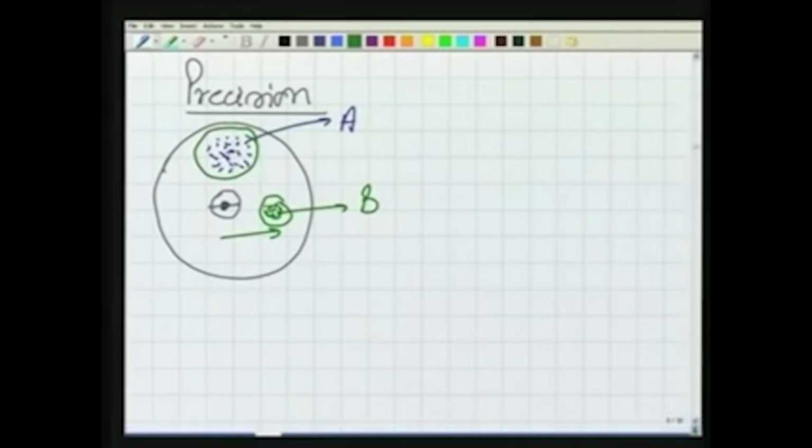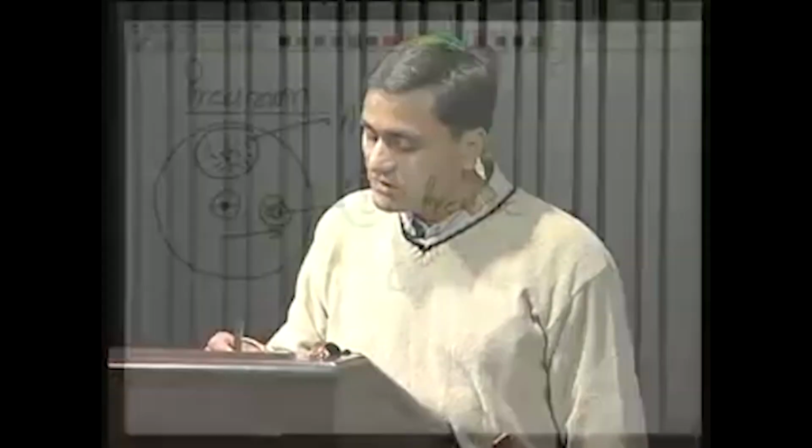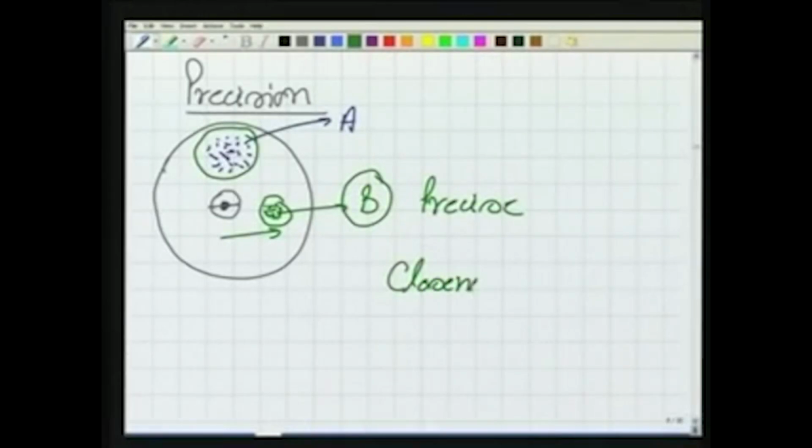So definitely we can say person B is more precise in his firing than person A. This explains the term precision. By precision we mean the closeness of observations. How close your observations are.